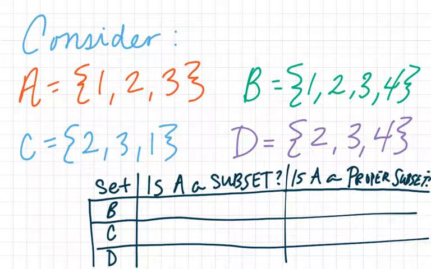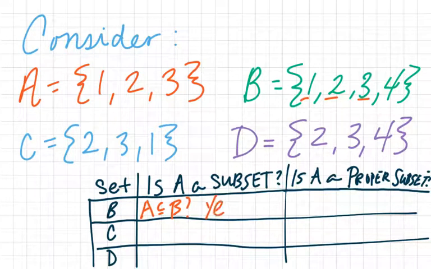And set D contains 2, 3, and 4. We're going to look at sets B, C, and D, and see, is A a subset of B? Are all the elements of A contained in B? Well, the elements of A are 1, 2, and 3, and B contains 1, 2, and 3.